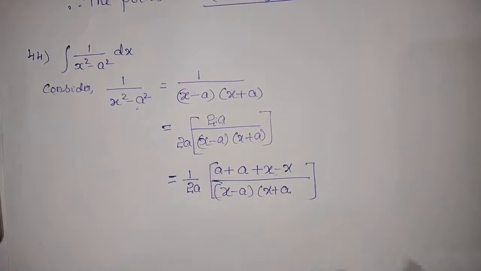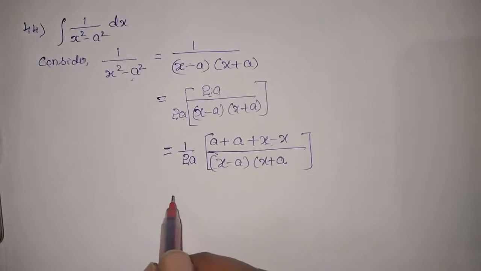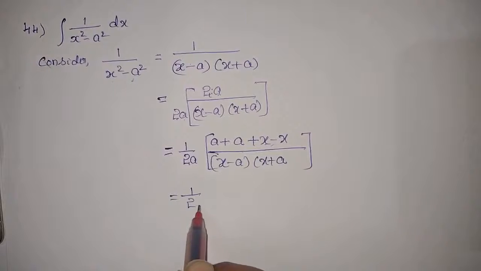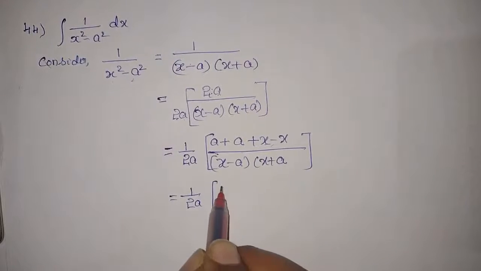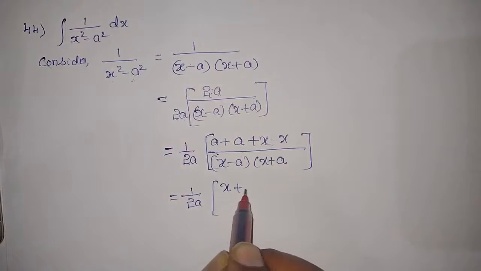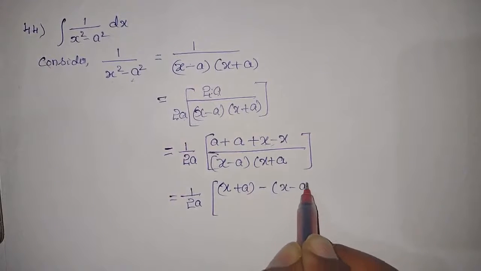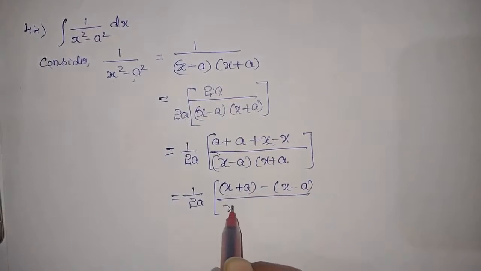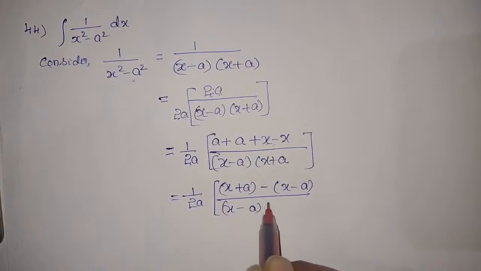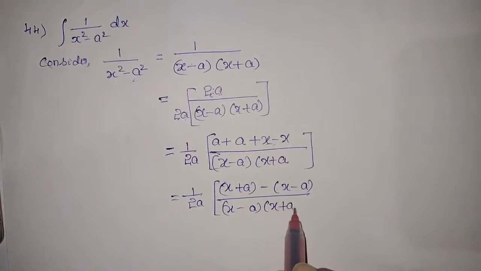Clear? Again the numerator can be written as 1 by 2a into x plus a minus of x minus a, whole divided by x minus a into x plus a.